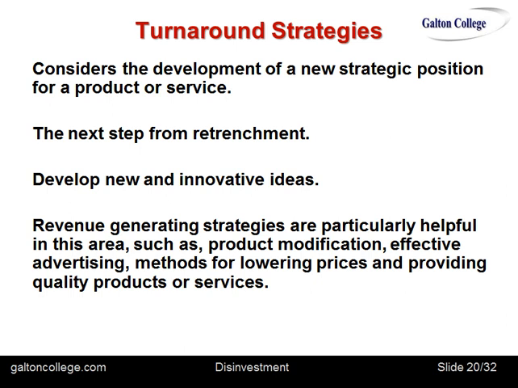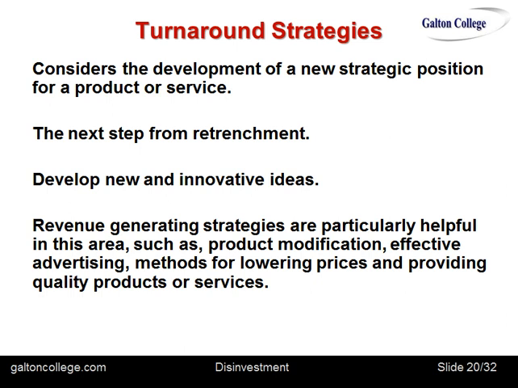Revenue generating strategies are particularly helpful in this area, such as product modification, effective advertising, methods of lowering prices, and providing quality products or services. So turnaround is aimed at keeping the business going, but better meeting customer needs and expectations.